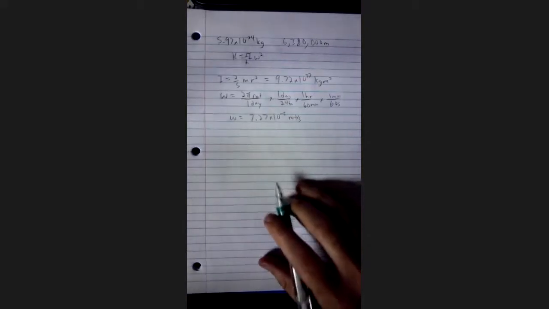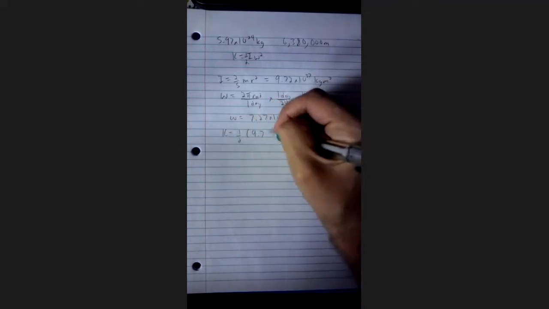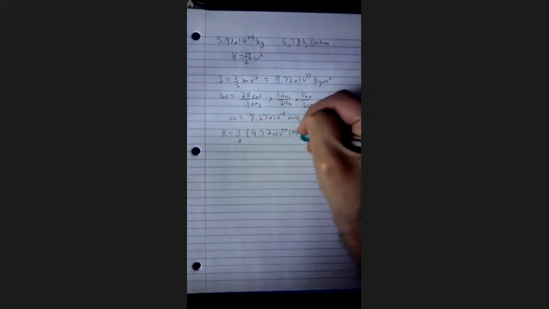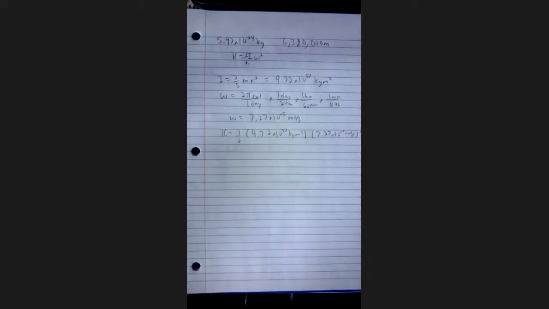All right, so now we have everything we need to find the kinetic energy. It's 1/2 times our moment of inertia, which is this thing, times our angular velocity squared.